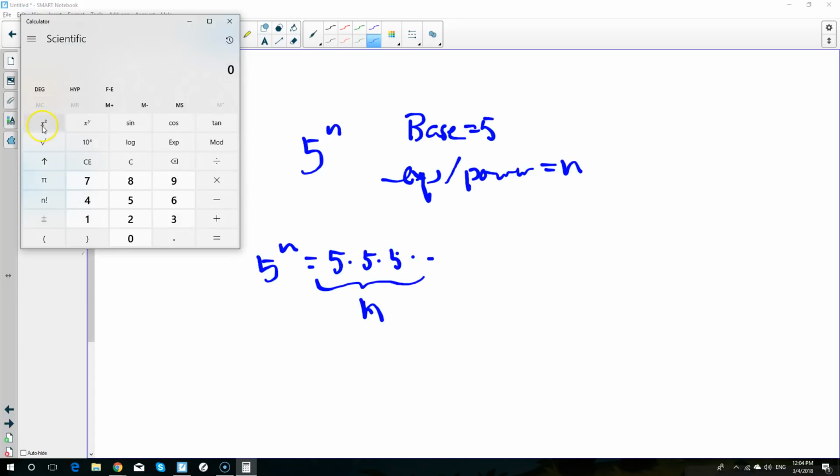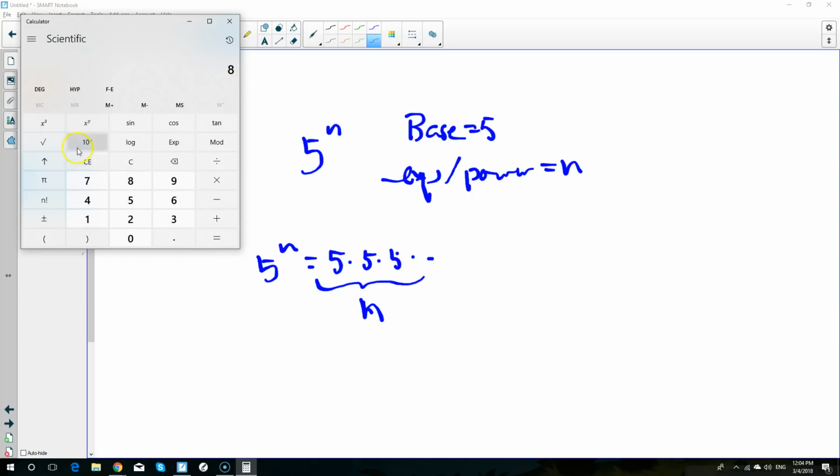For example, this is a simple exponent. Square is actually a simple exponent. So if I want to do 2 to the power of 2, you press that, it's going to be 4. 5 to the power of 2 is going to be 25. However, sometimes you may not have exponents as a square. So 5 to the power of 3, alright, 125.